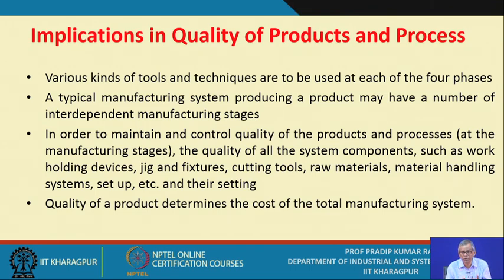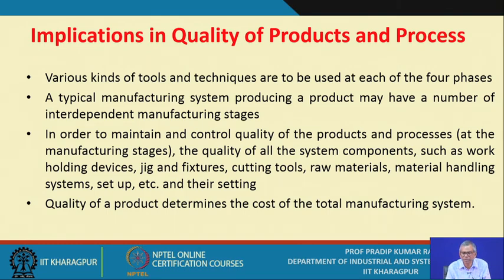If you adopt this philosophy, prevention-based quality control, various kinds of tools and techniques are to be used at each of the 4 phases. You have no other alternative. Very soon you will come to know what the SPC-related tools and techniques are. Those tools you have to use, and only then will you feel comfortable in creating a system which is prevention-based quality control.